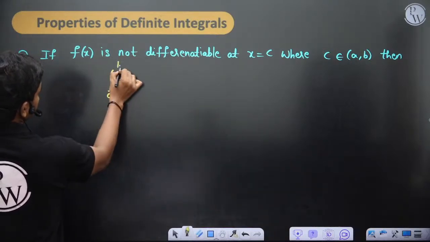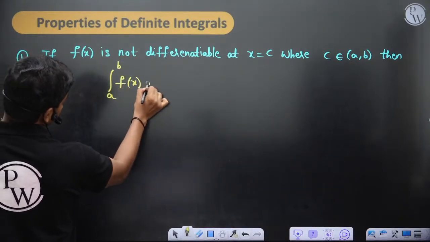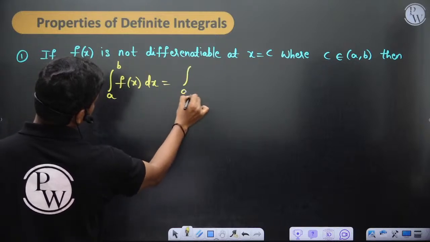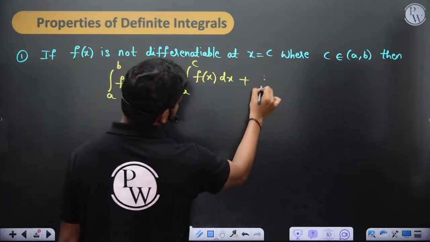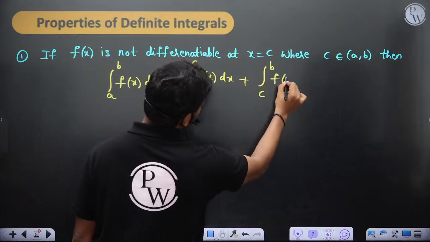Integral a to b f of x dx is equal to integral a to c f of x dx plus integral c to b f of x dx.